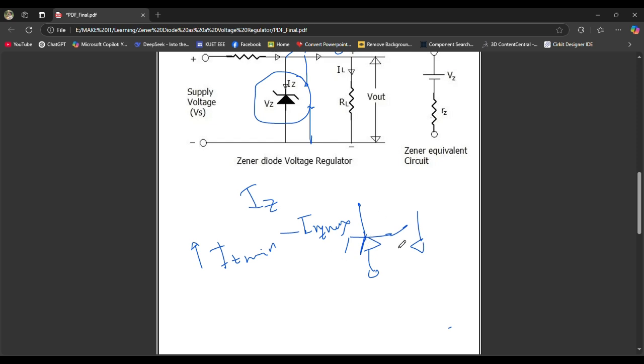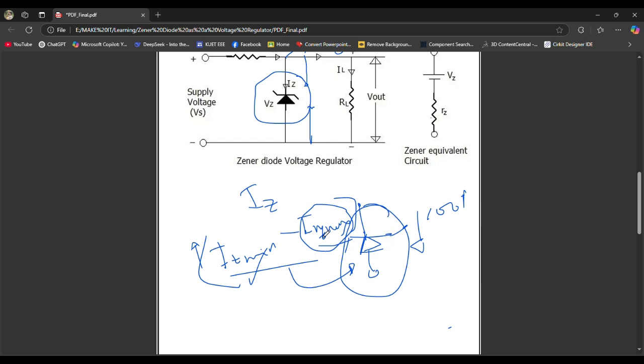So if you are a Zener diode, you cannot be given whatever current you want, like 100 ampere, 200 ampere. It is not like that. You obviously have a current limit to keep this Zener diode in a safe operation region, right? So we have Iz minimum and Iz maximum. Iz minimum is the minimum current to make it operate in Zener mode, and the maximum current you can pass through the diode is the Zener current maximum, which is called Iz maximum.